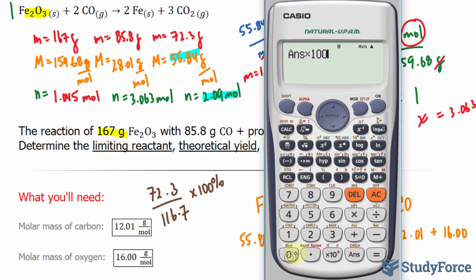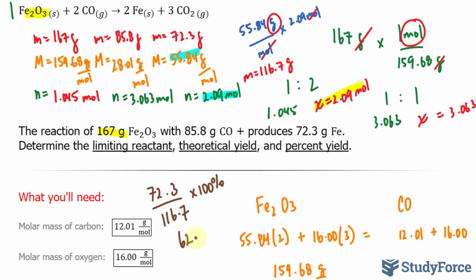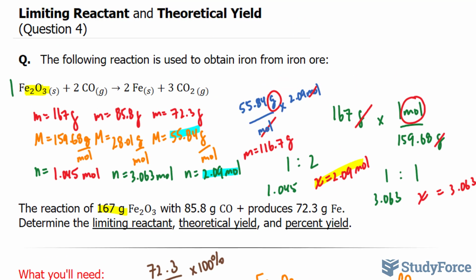Multiply this by 100%, and this gives us 61.95. But remember, we need three significant figures. Because this 9 is odd and it's followed by a 5, this 9 will go up by 0.1, and this number becomes 62.0% yield. And there you have it. That is how to solve limiting reactant and theoretical yield type problems.